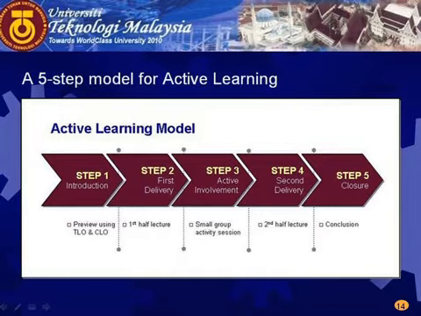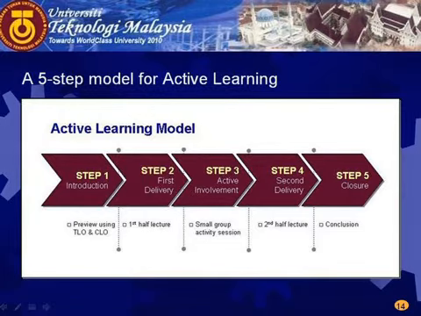And this is the model that Dr. Zaki mentioned earlier. Basically, I break up the active learning into 5 steps. First step is to preview using the topic learning outcomes and course learning outcomes. Usually in this step 1, I would perhaps start out with a recap of what we did yesterday.